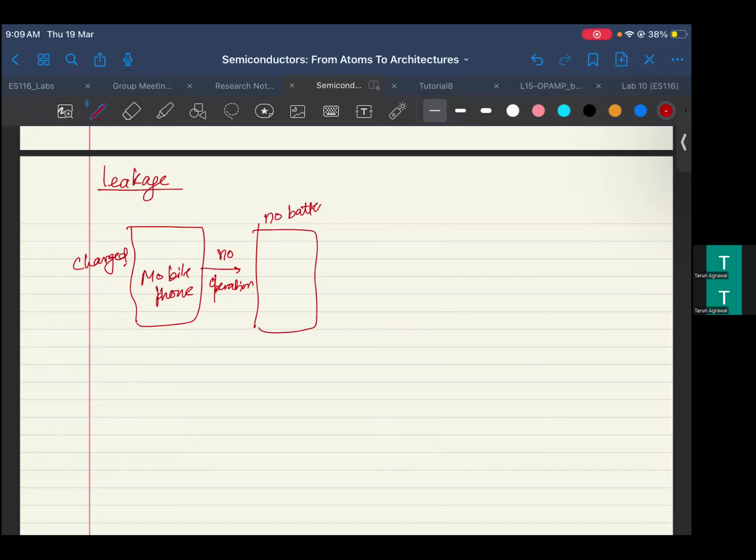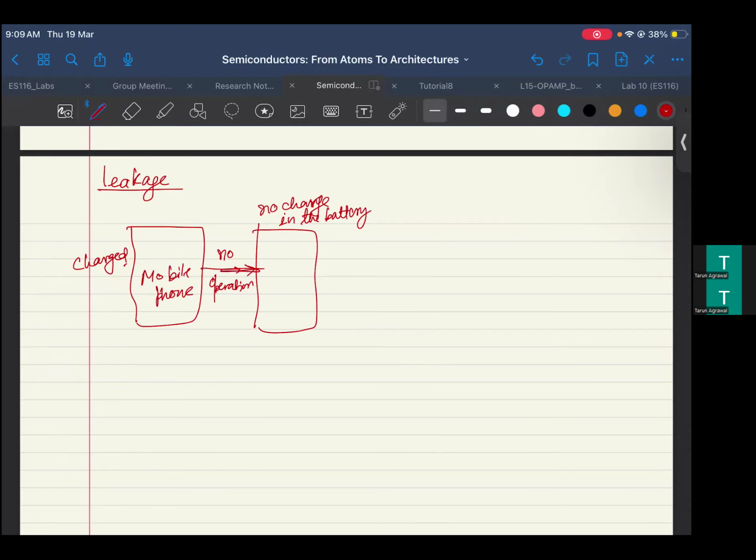No battery means there is no charge on the battery, that is the technical meaning. The battery has become fully discharged. Why did that happen, even if you are not operating? That is the question.